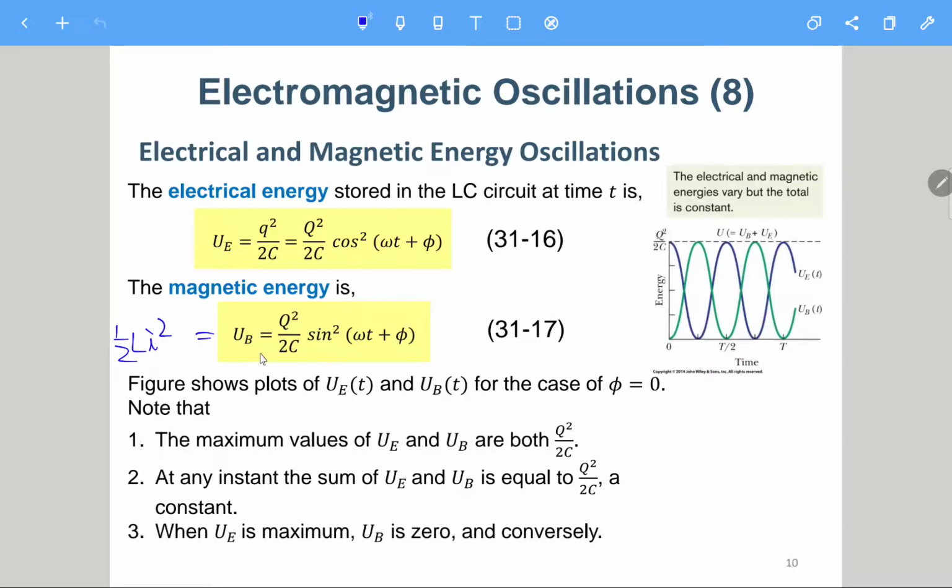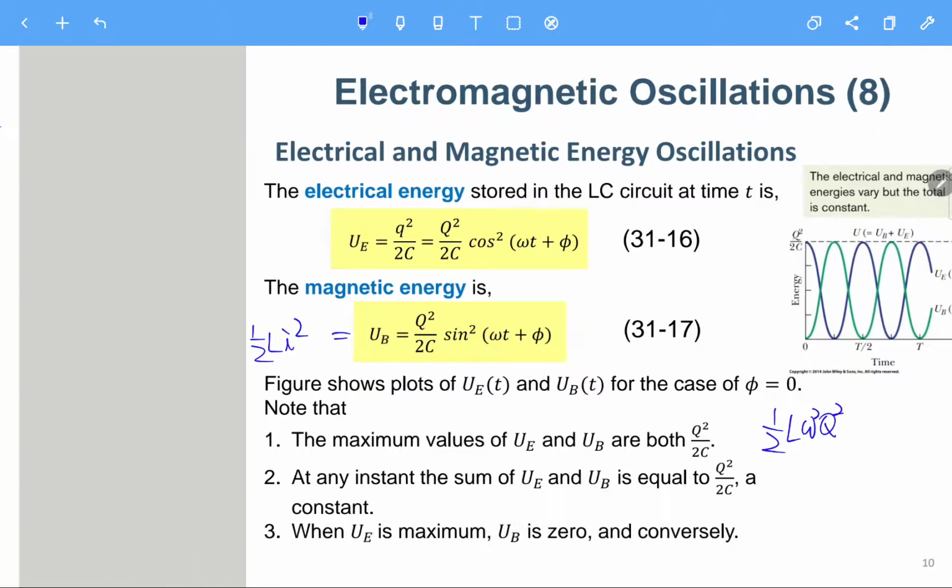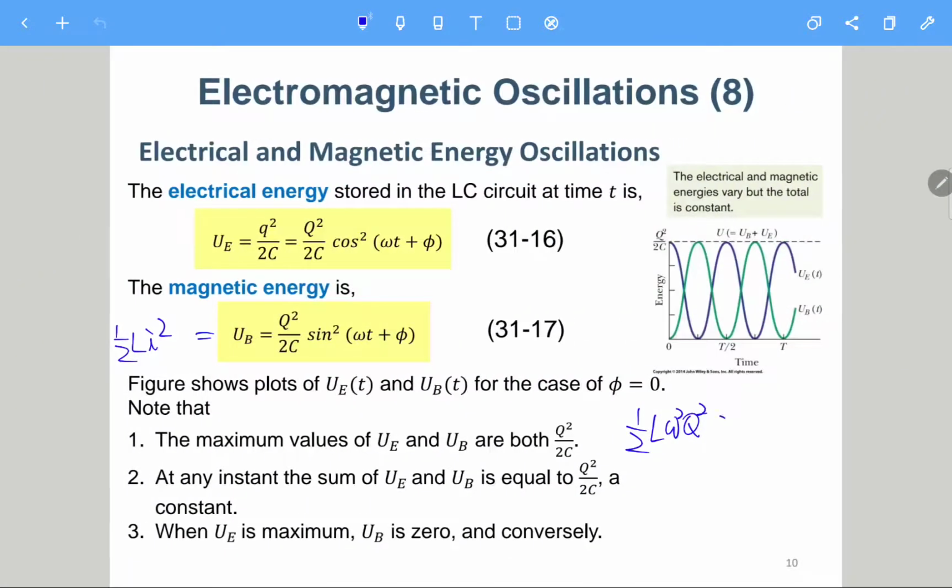Let me see. 1/2 L i square is 1/2 L omega square Q square, and then still sine square of omega t plus phi.